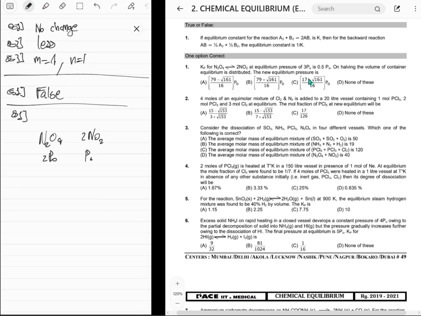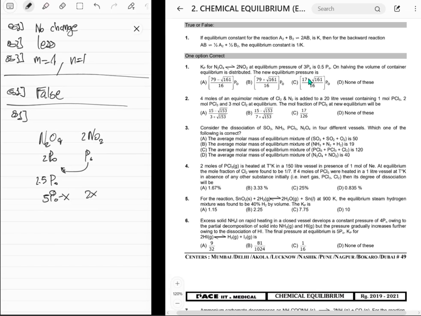Okay, and on halving the volume of the container, the equilibrium is disturbed. So we know that this would go back to 2.5 P naught, I think. Right, and then you halve the volume, so the pressure will increase. So now this will be 5 P naught minus X, and this is like 2X over here.